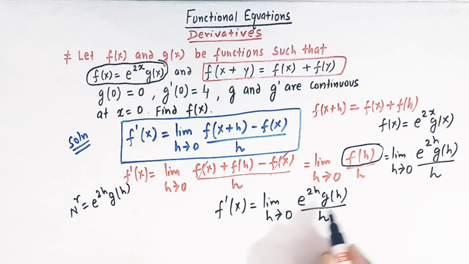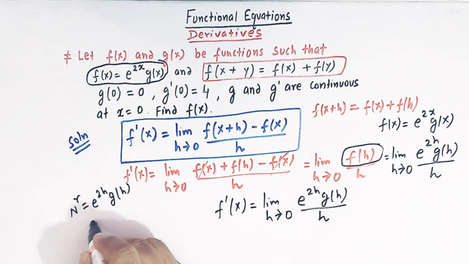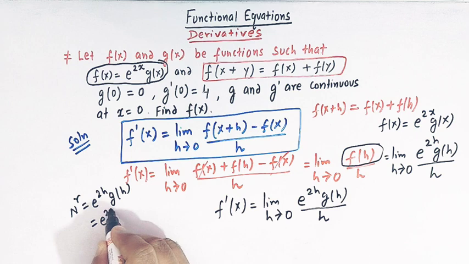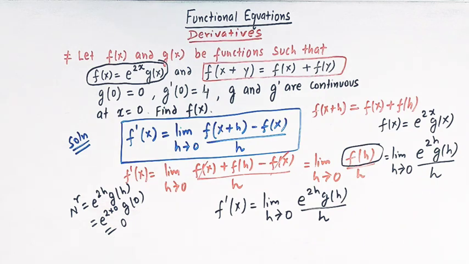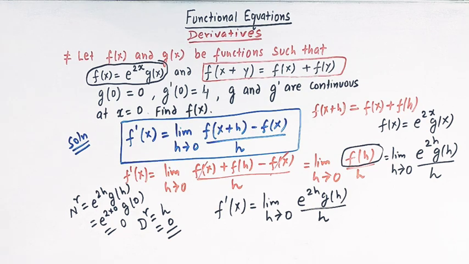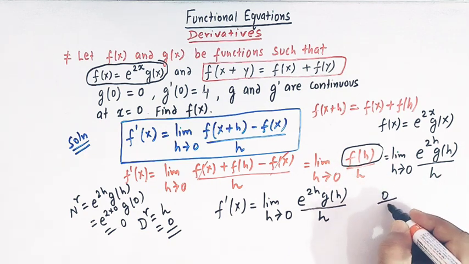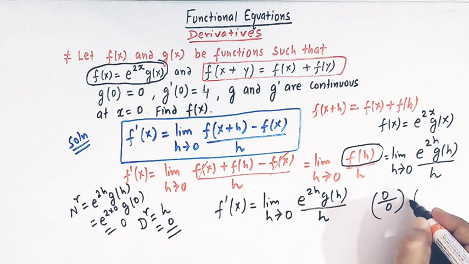So when we take h is equal to 0, in the numerator we have e raised to 2 times 0 g of 0, and g of 0 is given as 0. So the numerator is 0. And the denominator is h. So when we take h is equal to 0, the denominator also becomes equal to 0. So here we see that we are getting the 0 by 0 form for L'Hopital's rule.